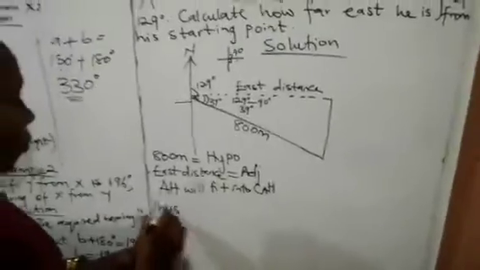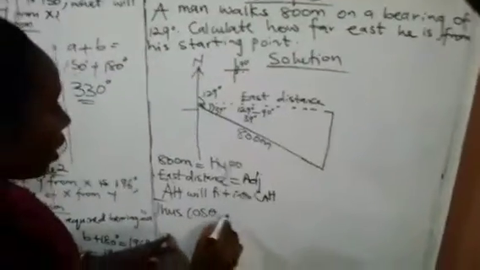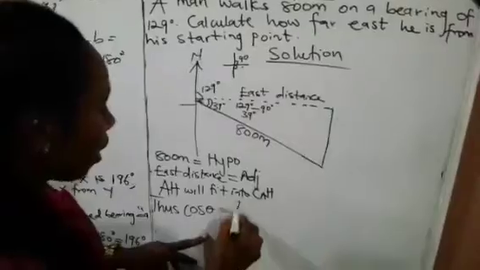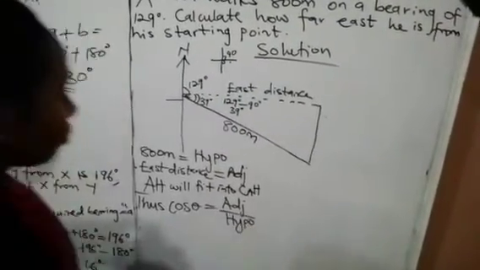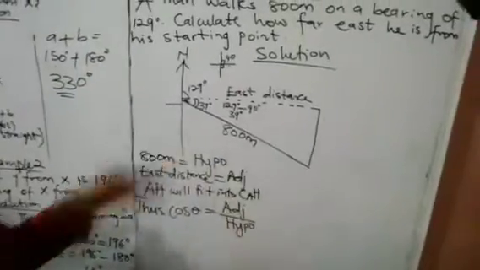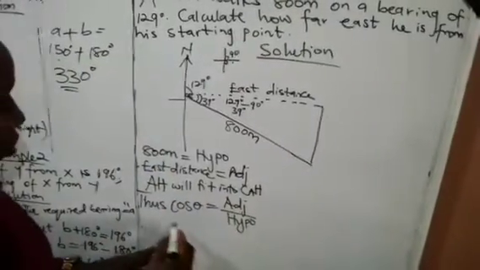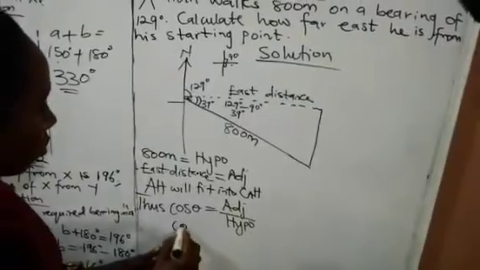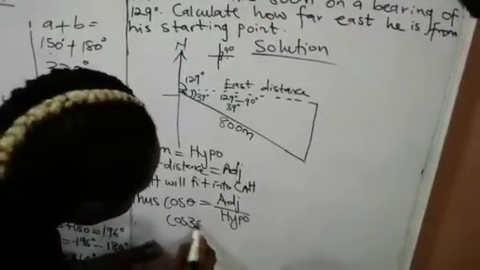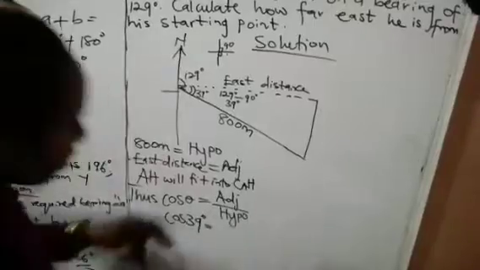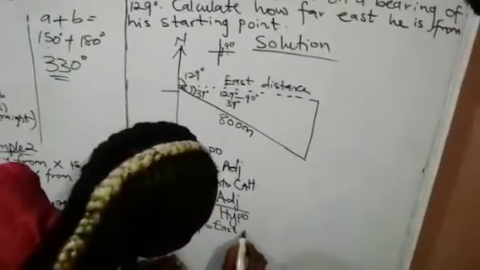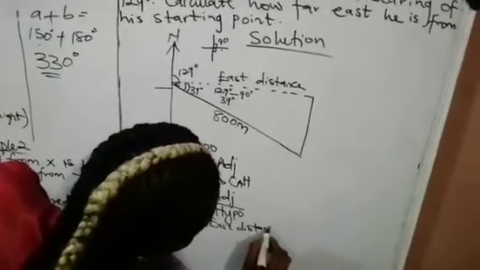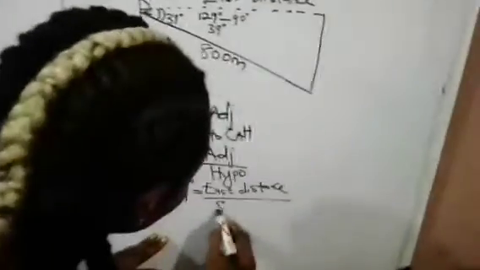Thus, cos theta equals adjacent over hypotenuse. Our angle here is 39. So cos 39 degrees equals the adjacent, which is the east distance we are looking for, all over the hypotenuse, which is 800 meters.